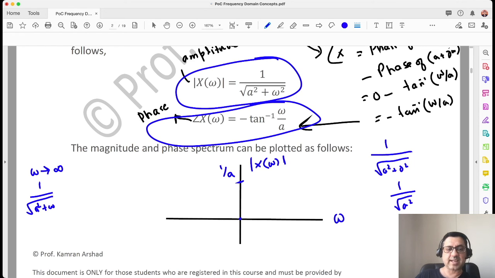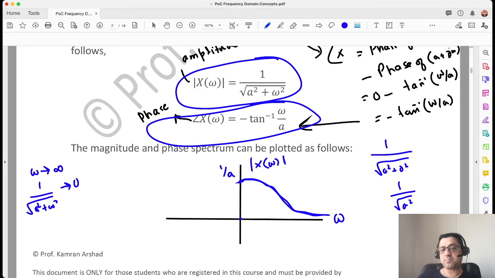If omega is getting bigger and bigger, then the denominator is getting bigger and bigger, and 1 over infinity is approaching 0. So it will be approaching 0 when omega is approaching infinity. So starting from 1 over a, and then at infinity it is 0, so it will take some shape and then approach 0 when omega is very large.